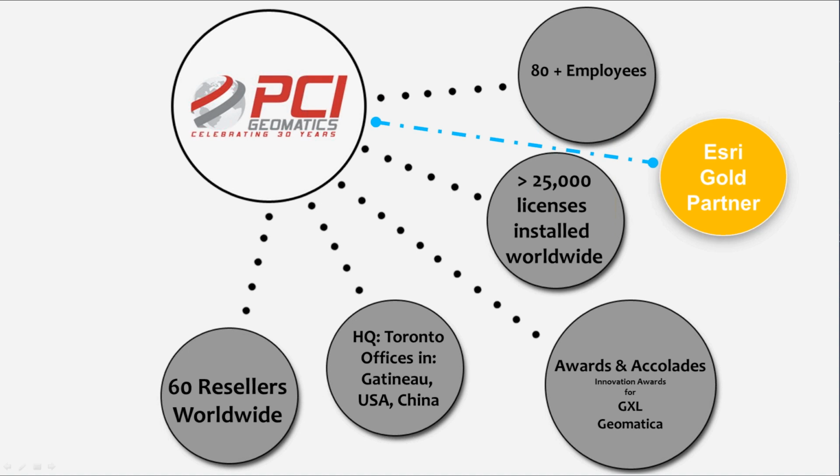Esri used PCI's enterprise cloud solution to deploy 5 million square kilometers of imagery onto ArcGIS.com. And we're further exploring opportunities with Esri on using our technology to support the ArcGIS platform and strengthen imagery workflows.